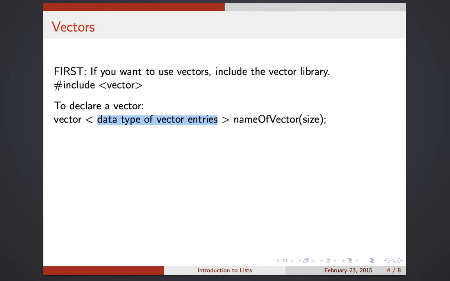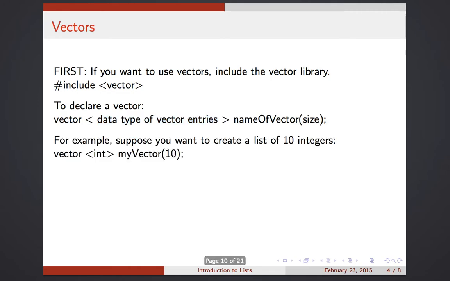You would type float if you're saving a list of decimals, etc. You then tell it whatever name you want, call it whatever you want, and then tell it how many entries there are. So those are the four things that you can tell C++ when you declare this. Tell it it's a vector, so I'm declaring a list. Tell it what type of entries you have. Give it a name, and then give it a size if you want to.